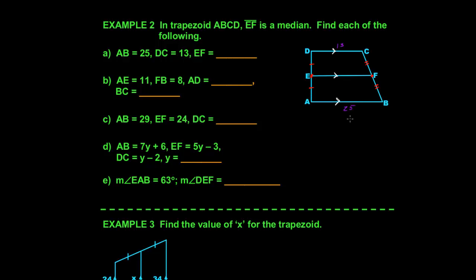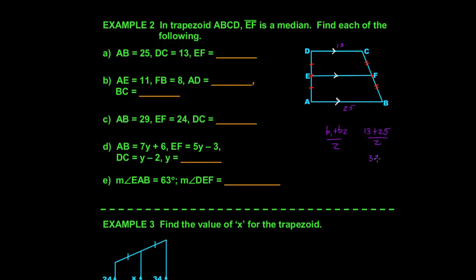Now we want to find EF. Right back to what we just used, the formula for finding the median. We use base 1 plus base 2, B1 plus B2 divided by 2. So in this case, we have 13 plus 25 divided by 2.